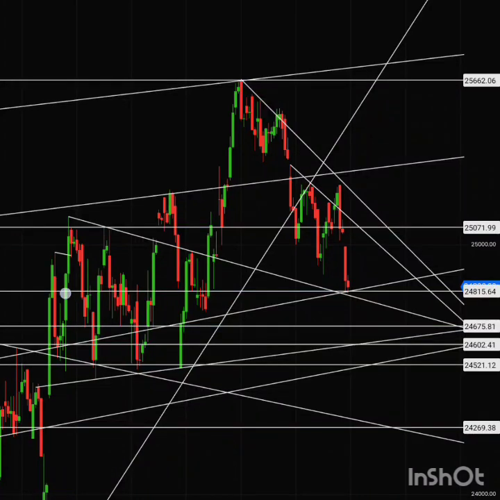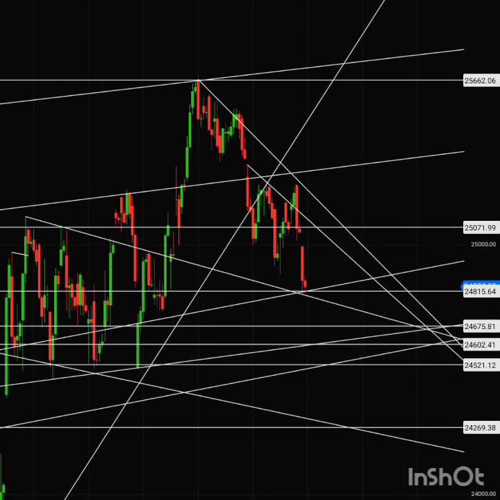You can see this consolidation here, the previous consolidation, and the formation has now started here. If you check, it's forming like a head and shoulder pattern. In this 4 hour chart we also have a support here, this line, around 24,810 to 24,800 range. So this will act as a support currently.